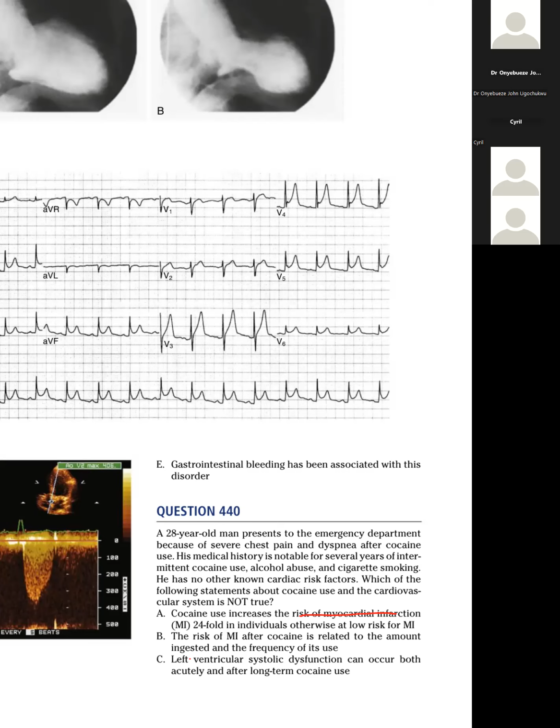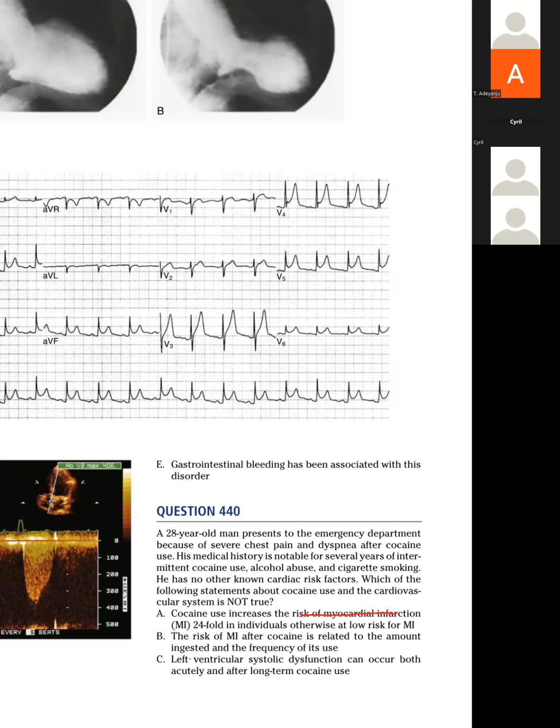More contributions. Okay. Yes, I can hear you. I just want to talk about a patient I have. A young man, 27-year-old, took cocaine, and then he has LV dysfunction.